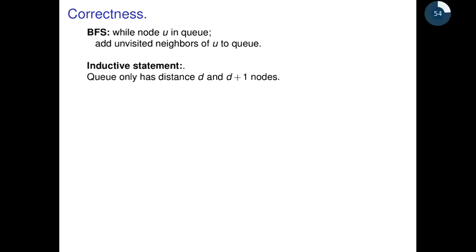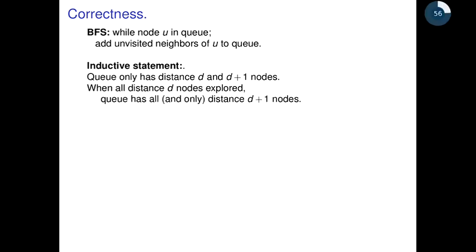So the inductive statement is that the queue at any point in time only has distance D and distance D plus 1 nodes. That's what we're going to say. When all the distance D nodes are explored, the queue has all and only the distance D plus 1 nodes. So we're going to argue these statements inductively.